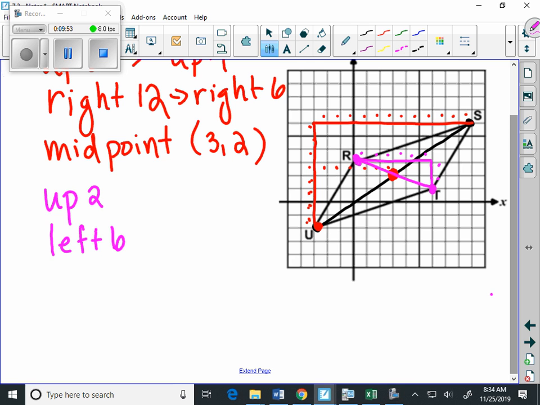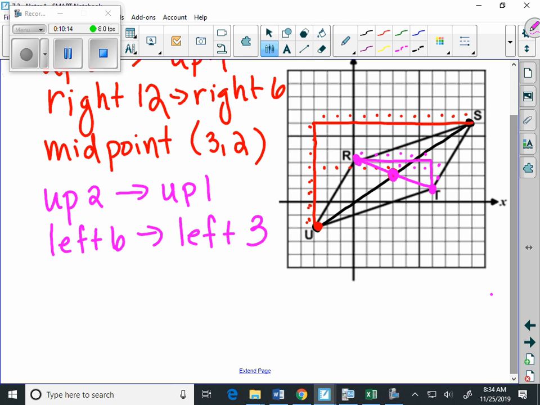Again, midpoint, halfway in between. Instead of going up 2, we're going to go up 1. Instead of going left 6, we're going to go left 3. So up 1, and then 1, 2, 3.